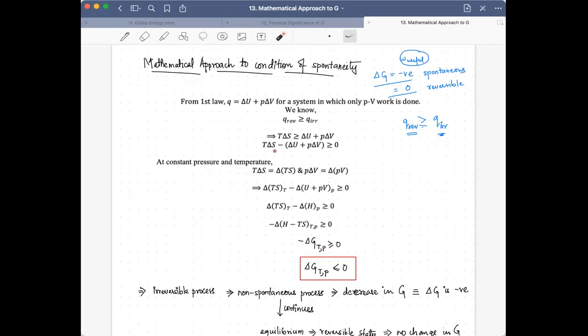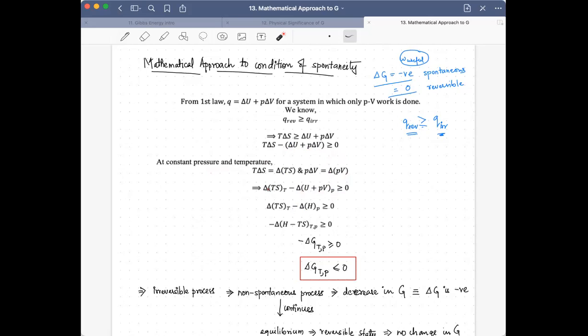So we can rewrite this expression as delta TS at constant temperature. Similarly, once you write delta PV, the delta sign present in both terms can be taken out as common. So it becomes U plus PV, with pressure constant under our condition, so it should be P, is greater than or equal to 0.